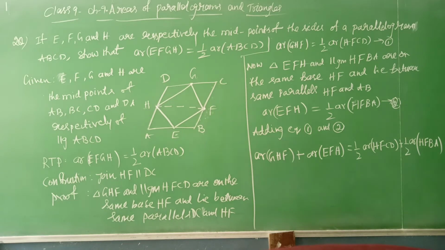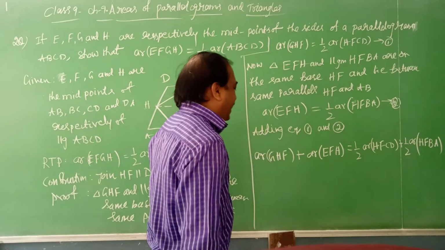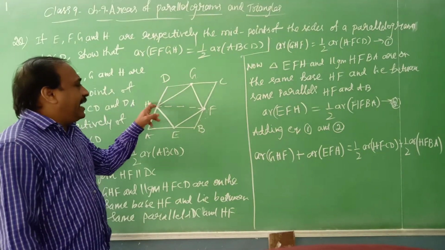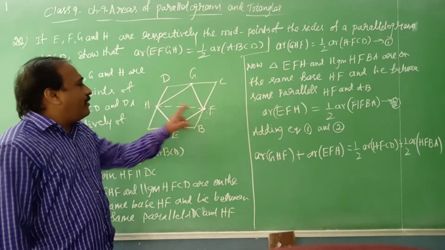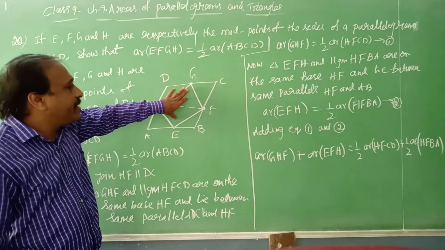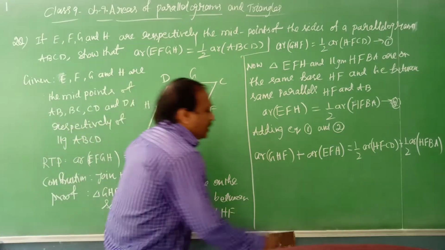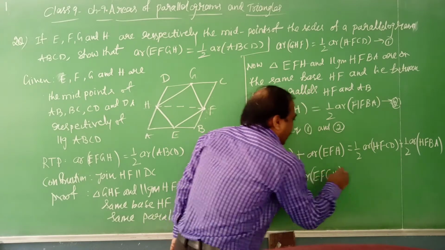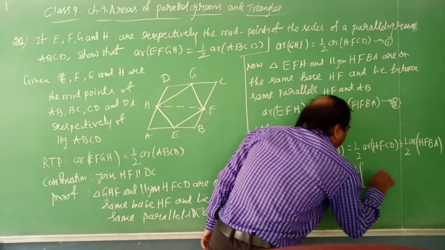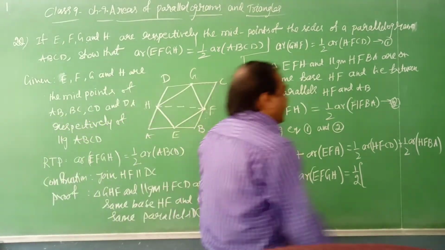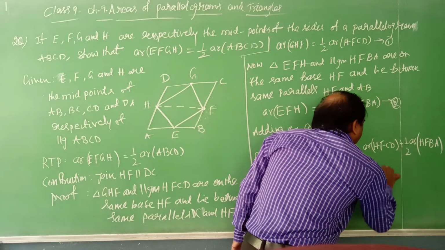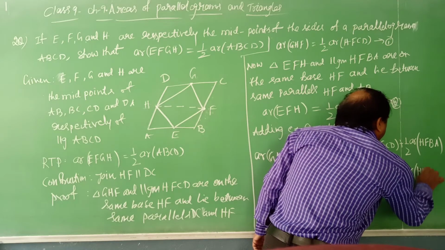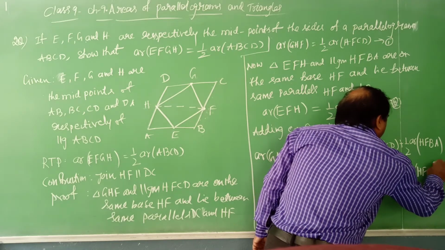Now you see, area of GHF and EFH together give the area of EFGH. So area of EFGH is equal to half of, taking half common, area of HFCD plus area of HFBA.